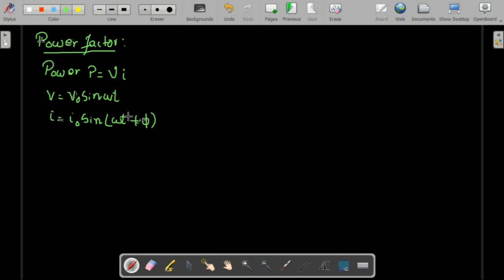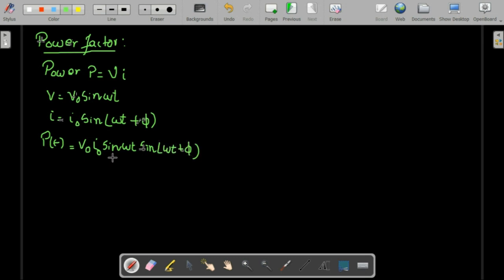So let's say this is my I. If I just want to write down what is my power, I can simply write it down as V into I. So V is nothing but V naught. Let me take V naught I naught sine of omega t sine of omega t plus phi.